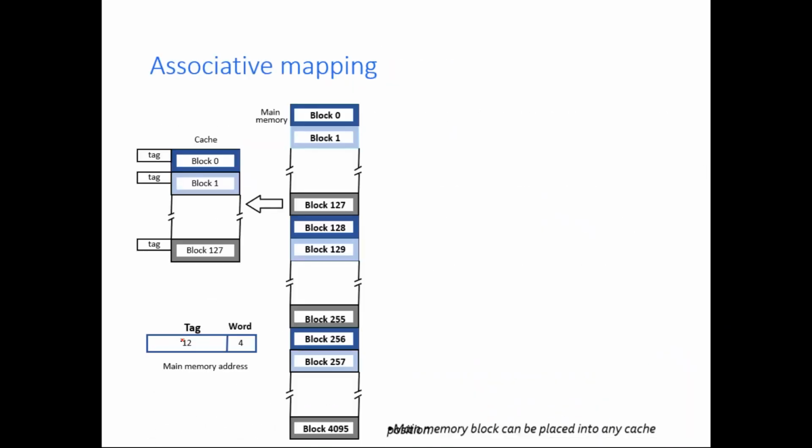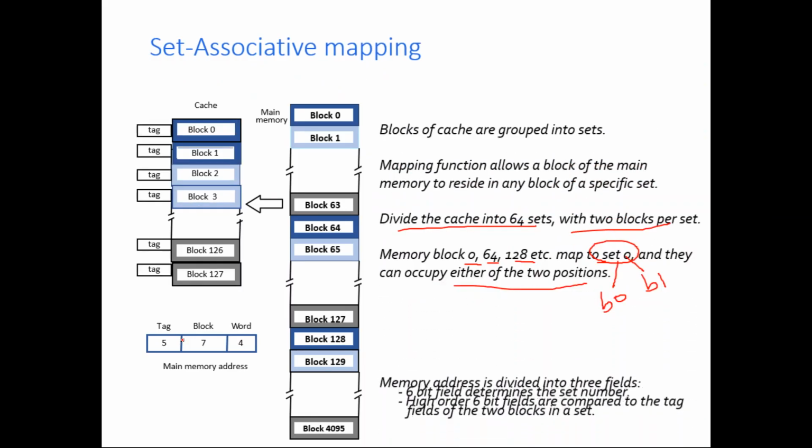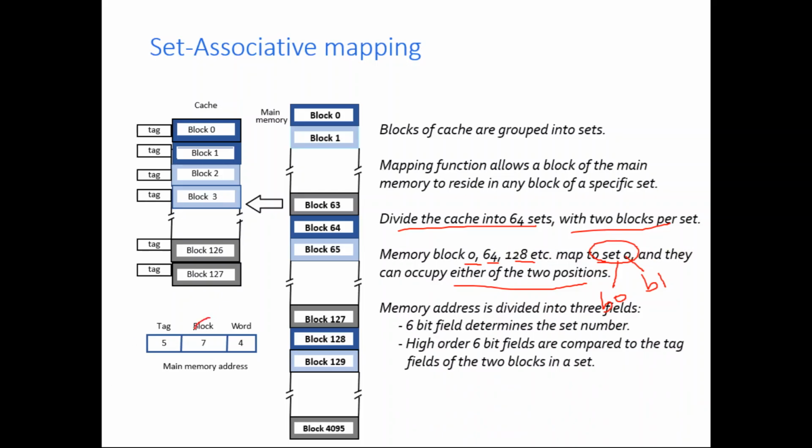But for set associative mapping, this field will refer to the set number, and for this particular case it will be a 6-bit field. Using 6 bits you can address how many locations? 64 locations. So it will refer to which set that particular block of the main memory will be available in. That is represented through the 6 bits.